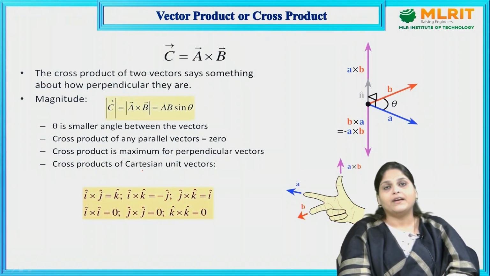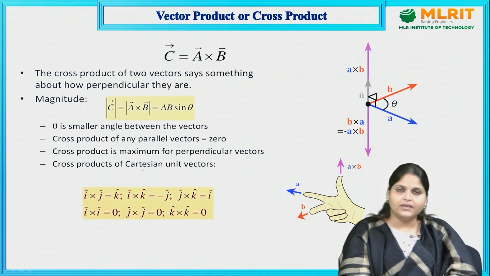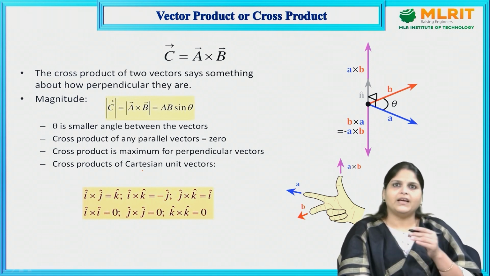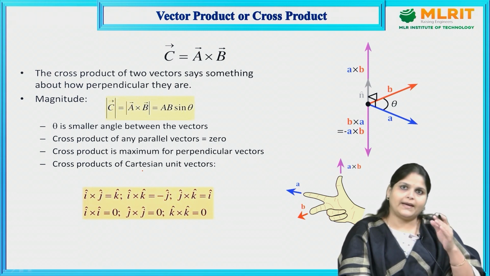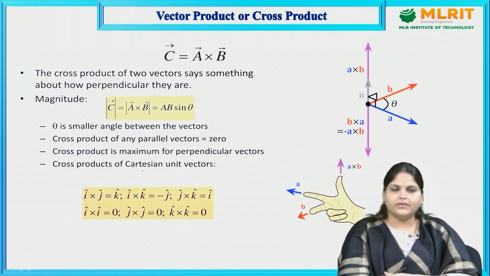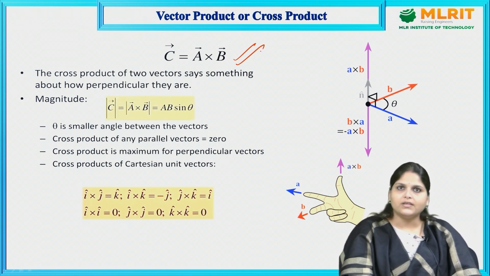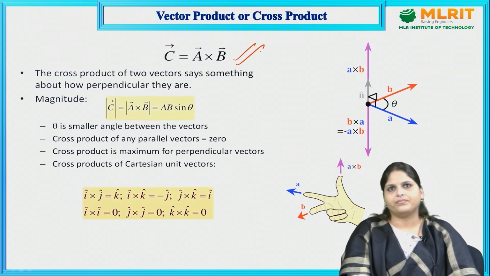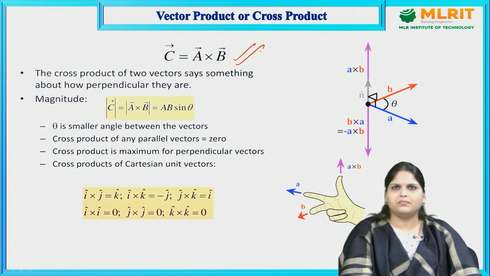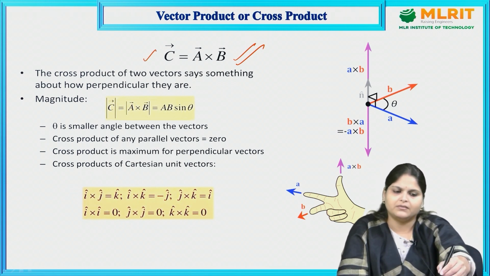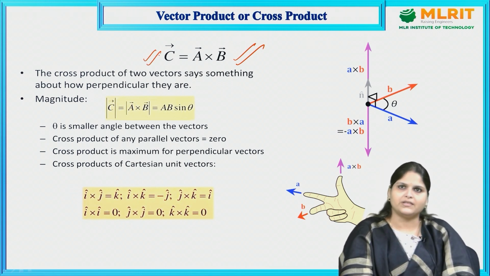Next is vector product, which is also called cross product, right? So for dot product we have seen, which is also called scalar, it was A dot B. Cross product will be written as A cross B, vector A cross vector B, right? So this cross product can be given by, here we have given it by C, it can be taken as something else also.